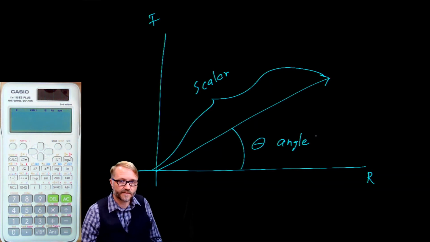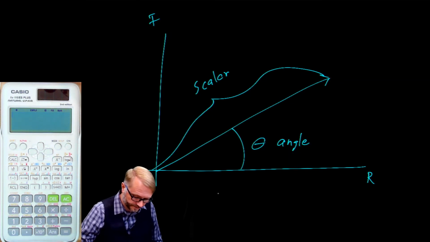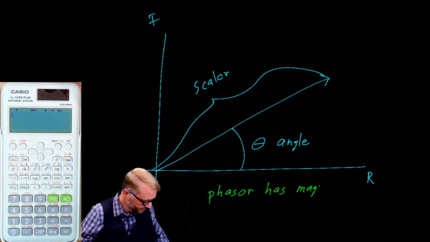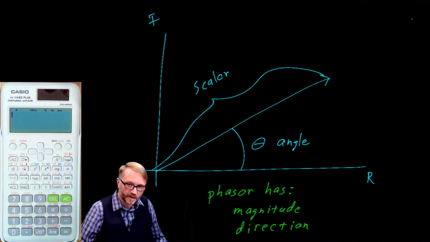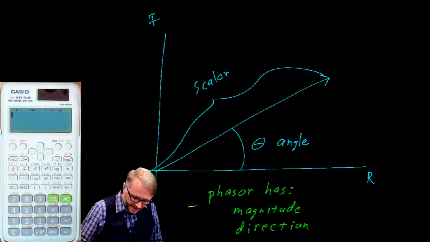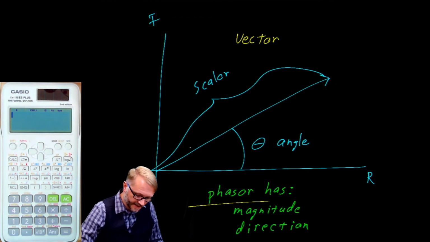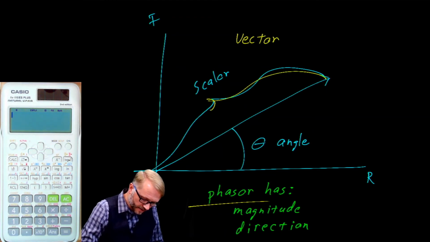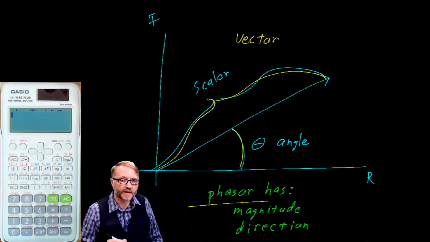So you could say a phasor has both magnitude and direction. If you've taken some physics, you'll recognize a phasor is nothing more than a vector. Again, a vector has length, a scalar component, and an angle component. So both magnitude and direction.